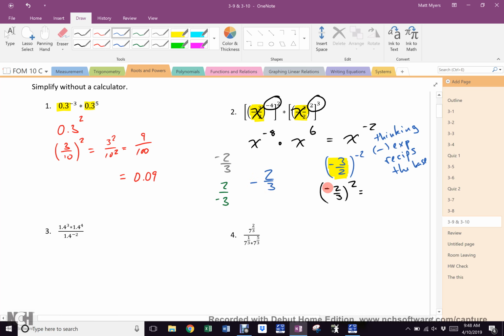What happens to any negative when I square it? Now it becomes positive. So what is 2 squared? 4. And what is 3 squared? 9. Remember how I said at the beginning of the unit, somebody would say out loud 3 squared was 6? That was the exact example I gave. Thanks, buddy.